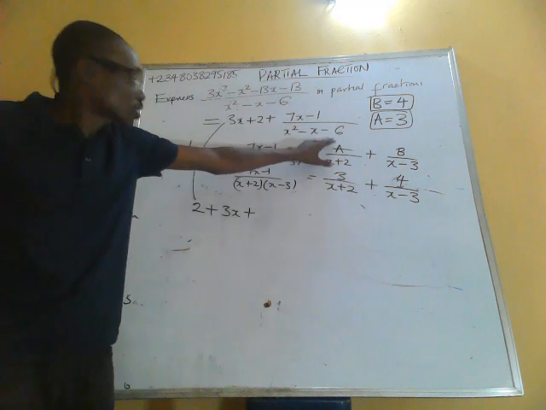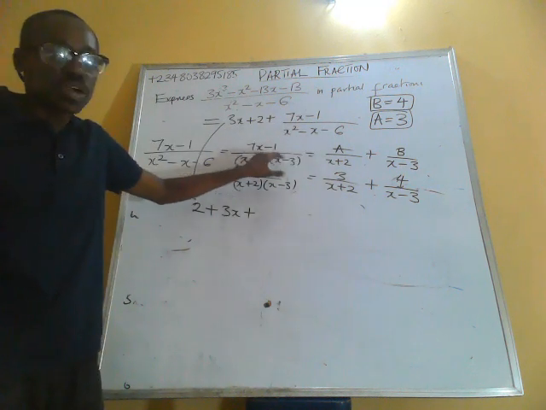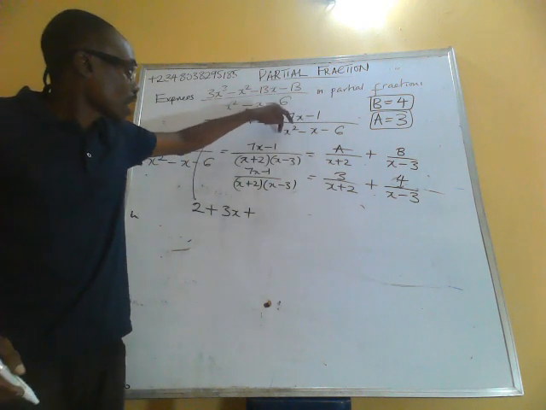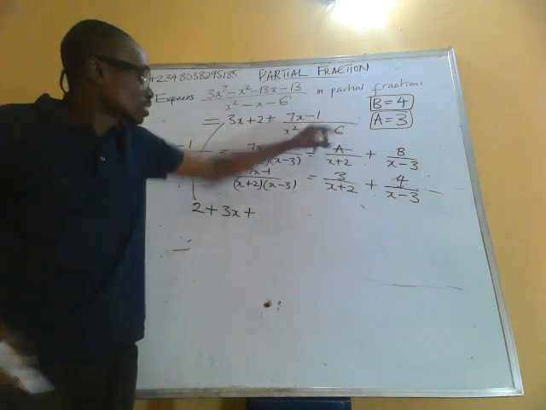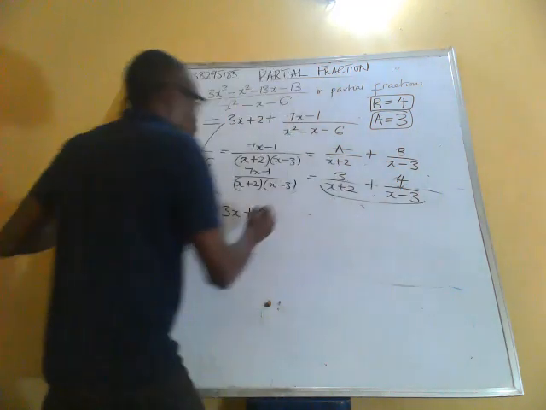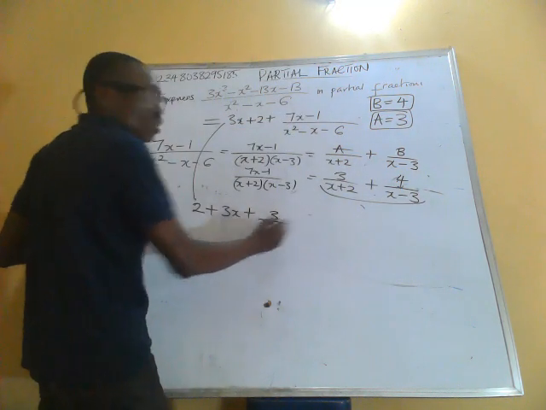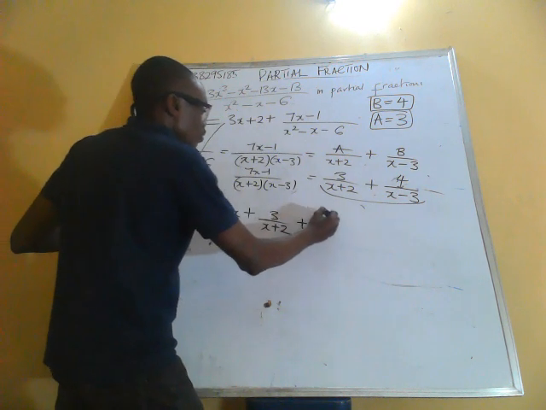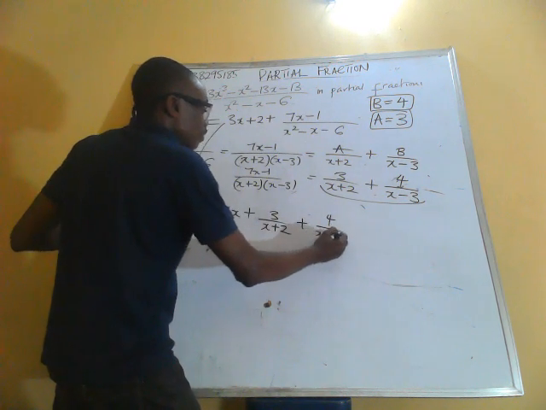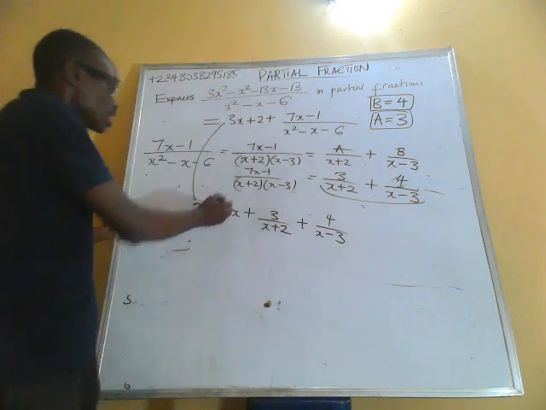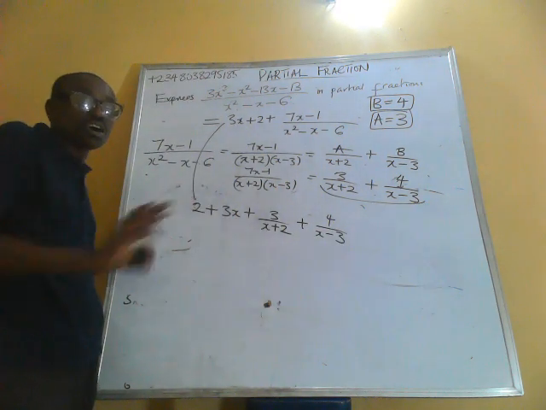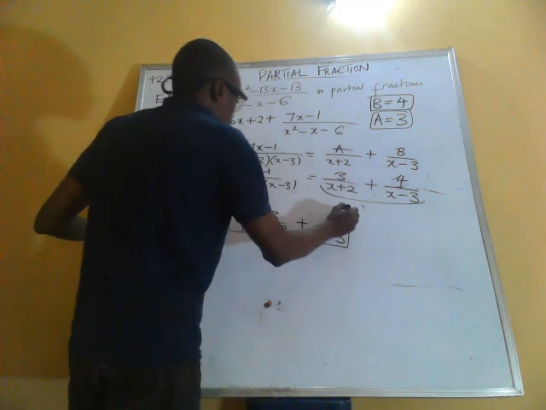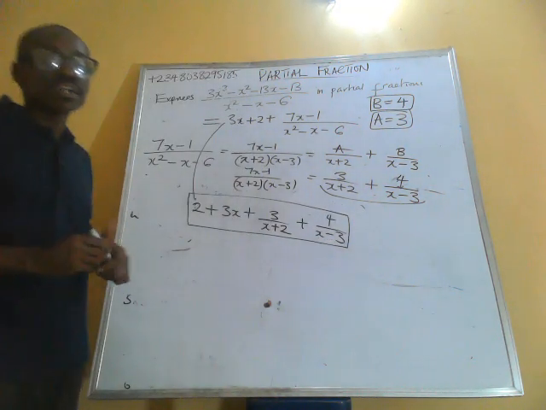X squared minus x minus 6 is x plus 2 into x minus 3, which at the end of the day, 7x minus 1 over x squared minus x minus 6 is actually this part. So we add that part. We have 3 over x plus 2 plus 4 over x minus 3. Even though 3x comes first, it doesn't alter anything. So final answer resolving to partial fraction is this. This is our final answer there.